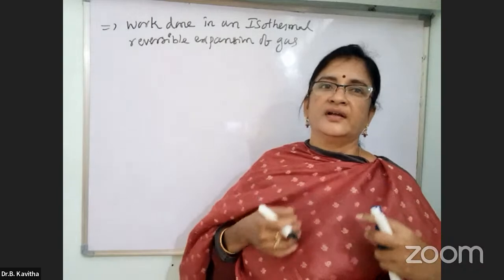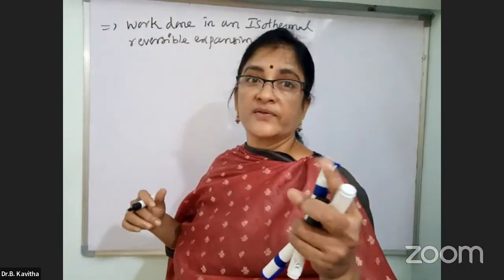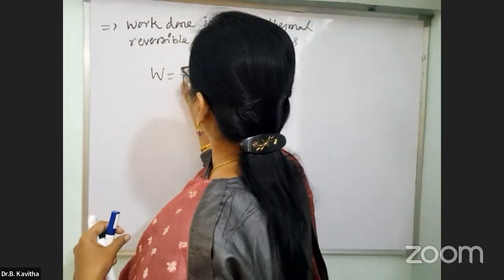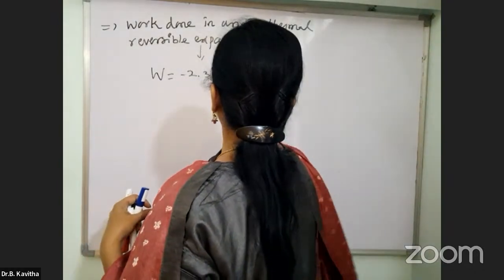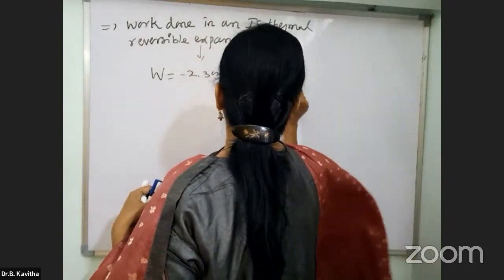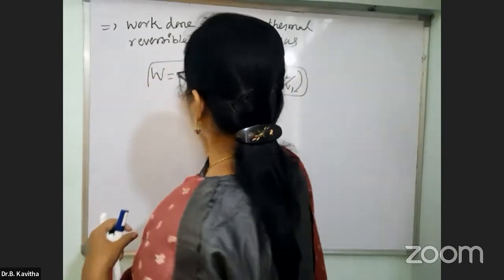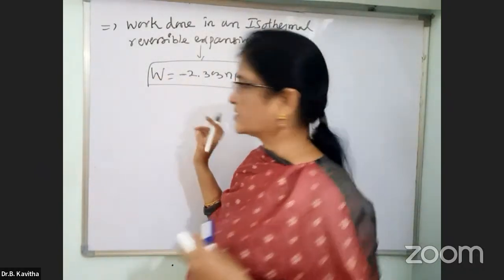The explanation is good, the equation is also good. The problems based on this equation are also very important. And what is that equation? I'm writing here: W = minus 2.303 nRT log V2 by V1. Since it has expanded, we should get a minus value.